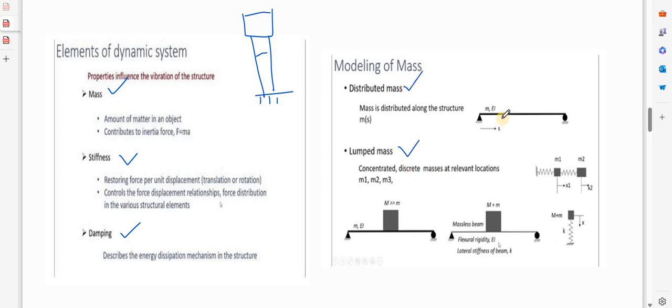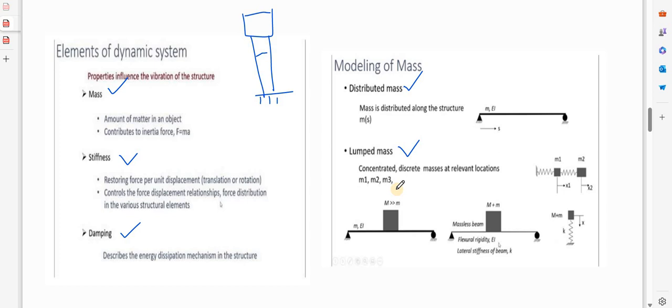Distributed mass means, if you have a beam like this, a simply supported beam, then we assume that the mass is distributed throughout the length. That is the real condition. In reality, we can assume that the mass is distributed throughout the length. The next type of model is lumped mass.